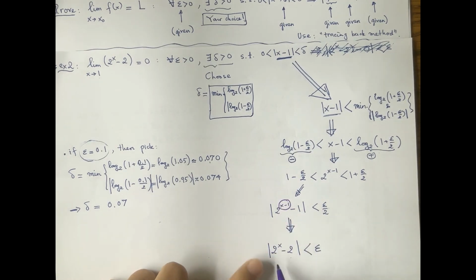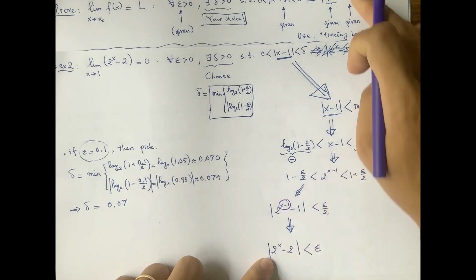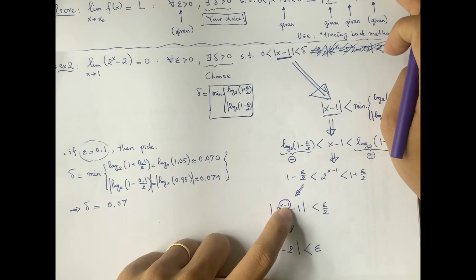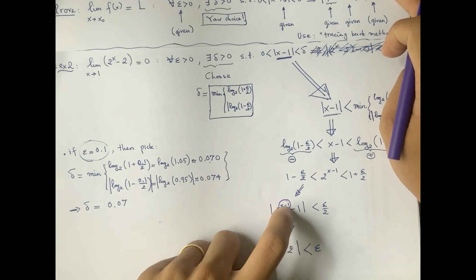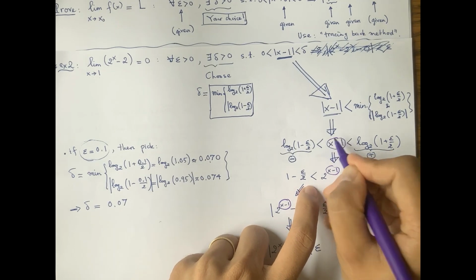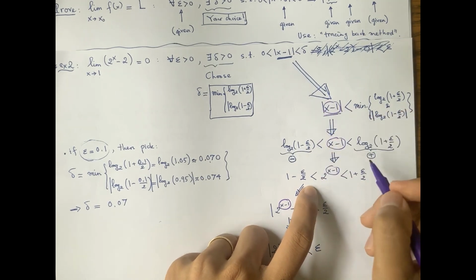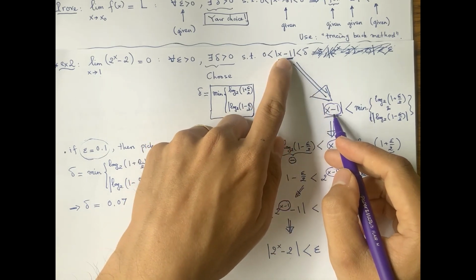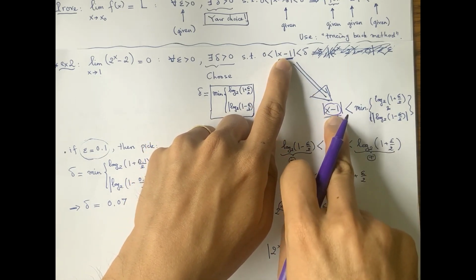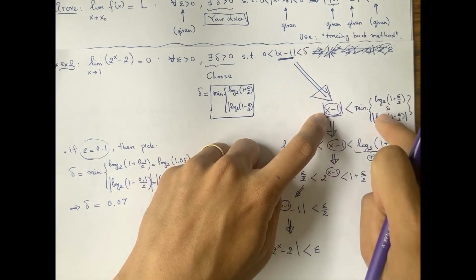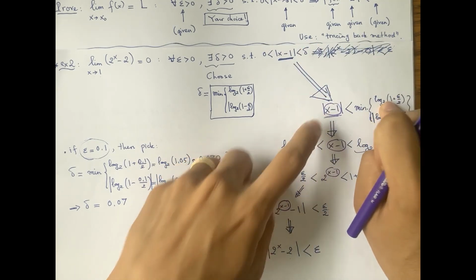When you can relate the inequality of the function back to x minus x0 in some way, and then you solve for x minus x0. So you see, we just try to solve for x minus x0. And then once we get to the form where the left-hand side of what we started is exactly the same as the left-hand side of what we currently have, then we just pick delta to be exactly the right-hand side.